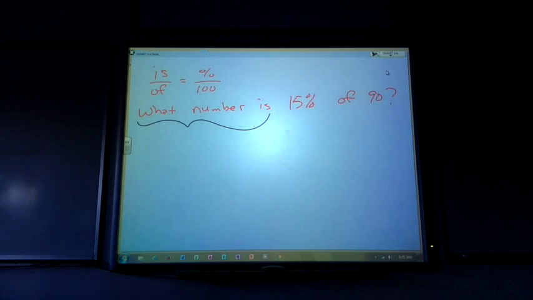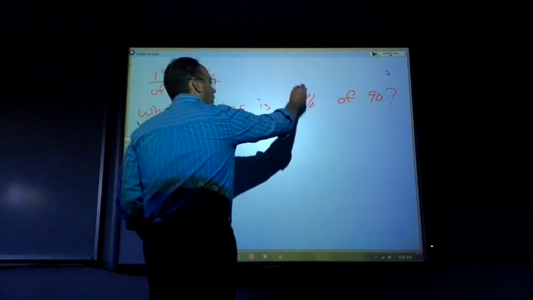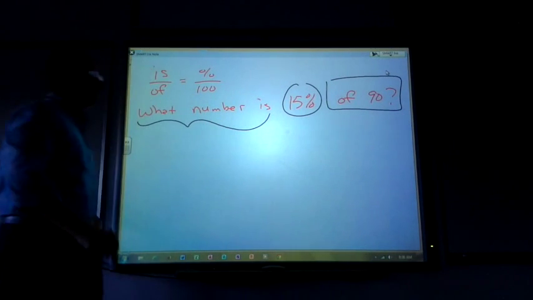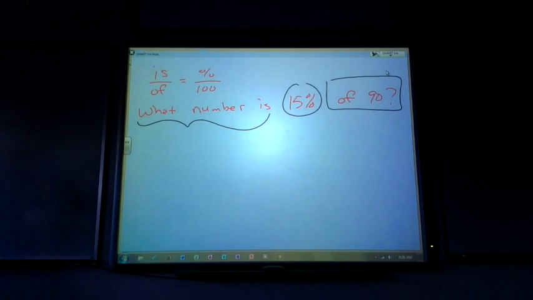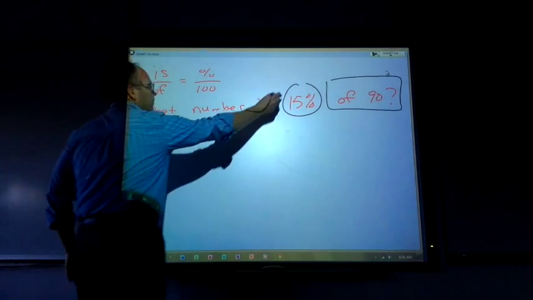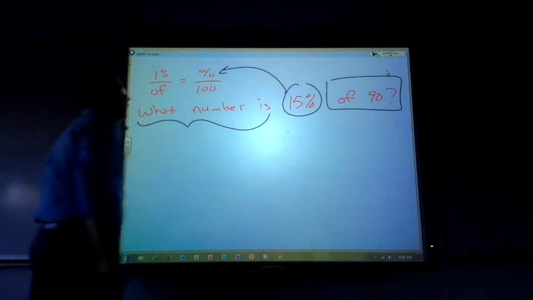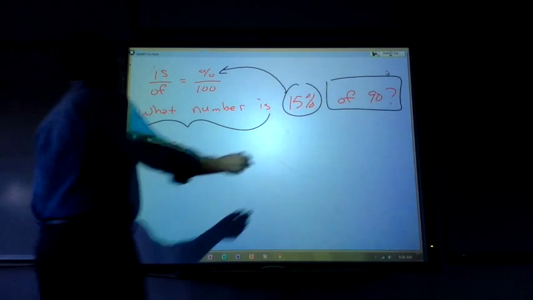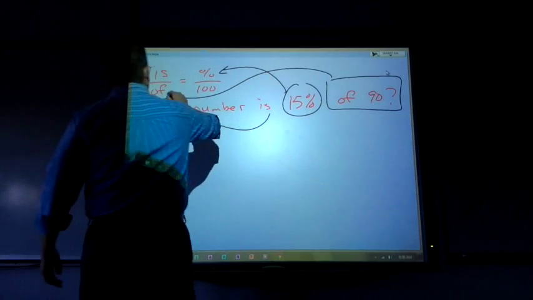What number is? Where do I plug? What things get plugged in? 15 goes in for the percent. Awesome. Any other thoughts? 90 goes for of.